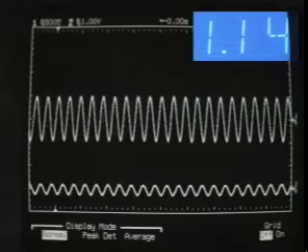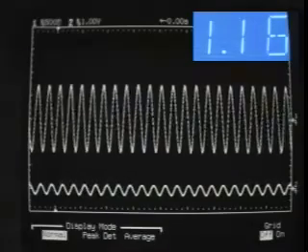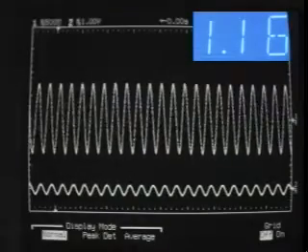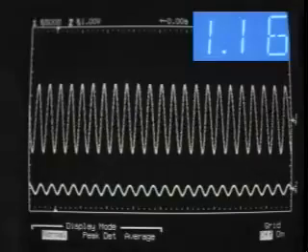I think it's coming up there, and it fell a little short, but not embarrassingly short. 1164.